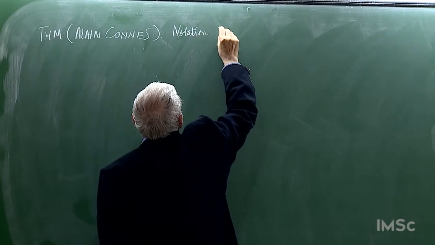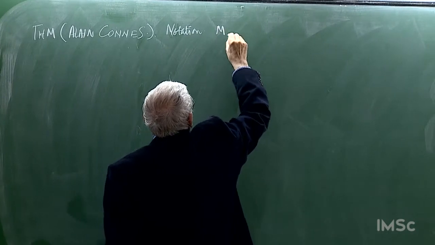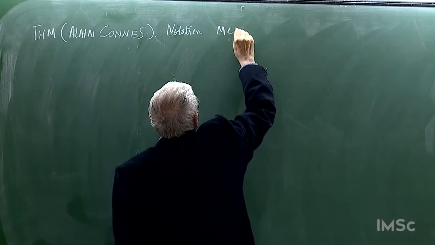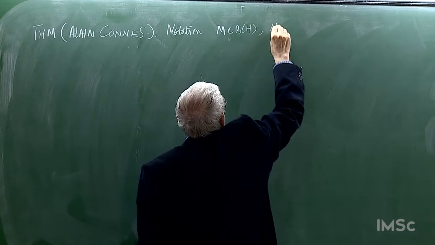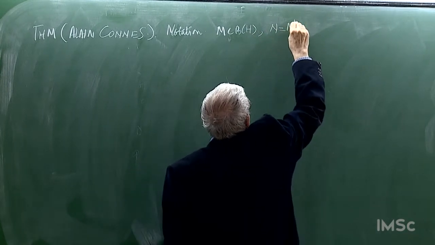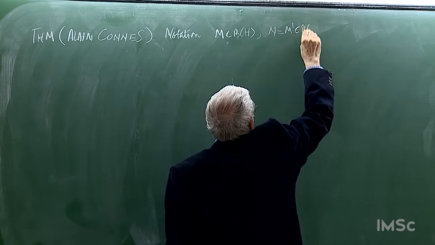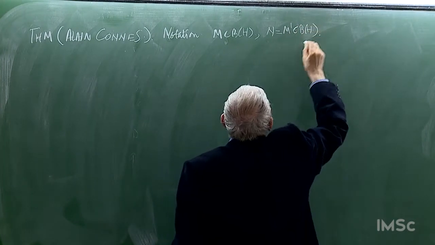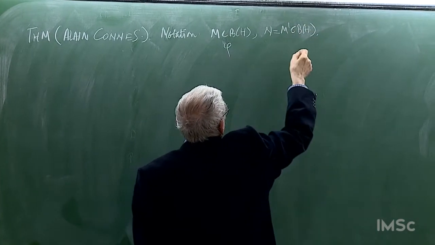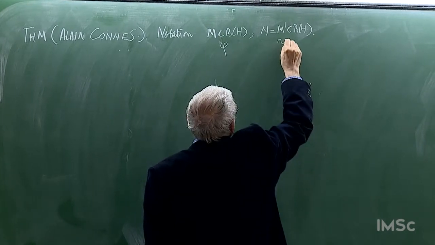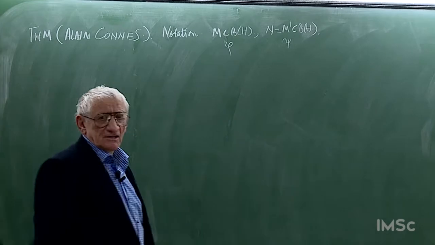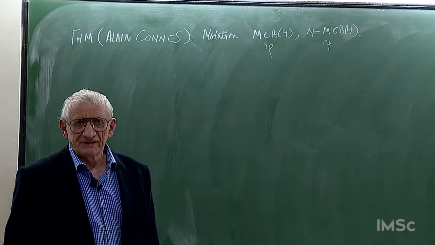So that means you have M in B of H, you have N, its commutant in B of H. You have some phi on M, and a fixed psi on B of H, right?